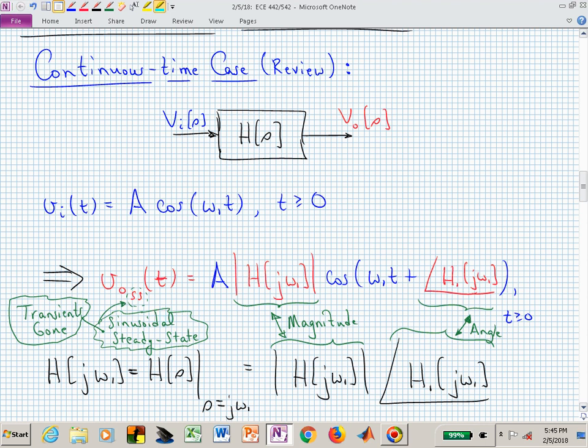And you can simply plug those in to adjust your original input to a sinusoidal steady state output. That's what the SS means. That's the sinusoidal steady state, which means the transients have all dissipated, and we're now left with an output signal that's oscillating at exactly the same frequency that we were shaking the system at, which is omega sub 1. It's just had a change in amplitude and an offset from the input. A cosine wave in this example.